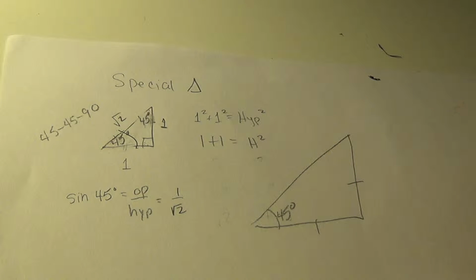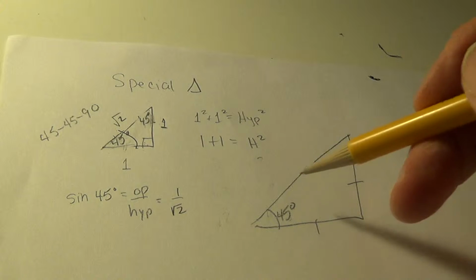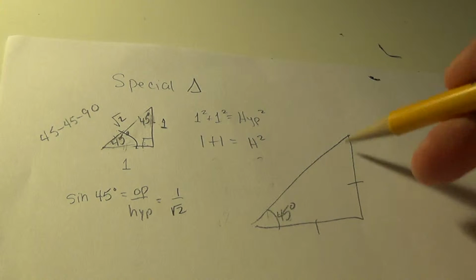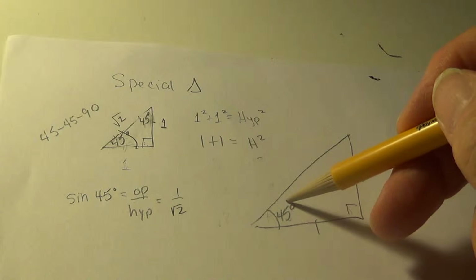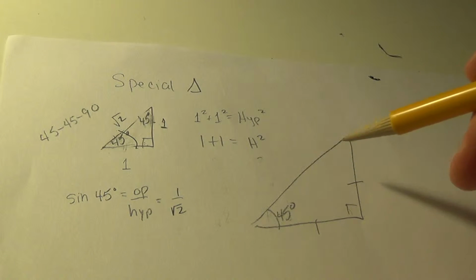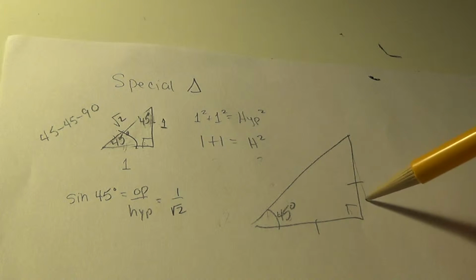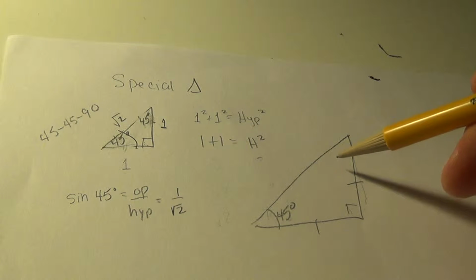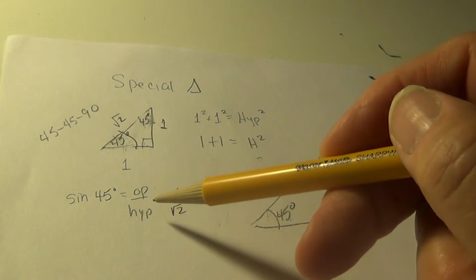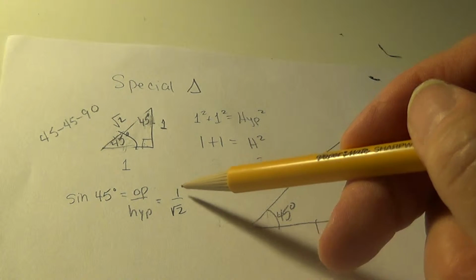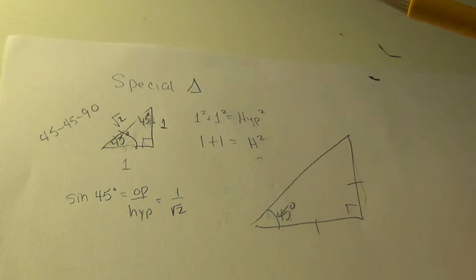Even if I go out to the moon and back, if I have equal legs on a right triangle, this will be 45 degrees. And its side opposite divided by its hypotenuse, no matter how large these sides are, the relationship will hold. Opposite over hypotenuse is going to be 1 divided by the square root of 2.